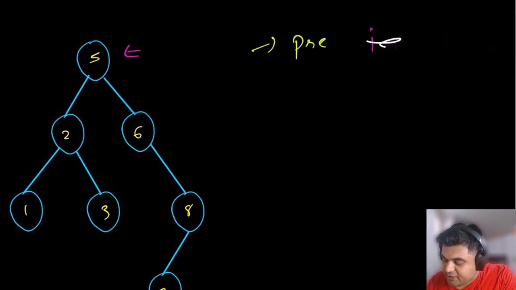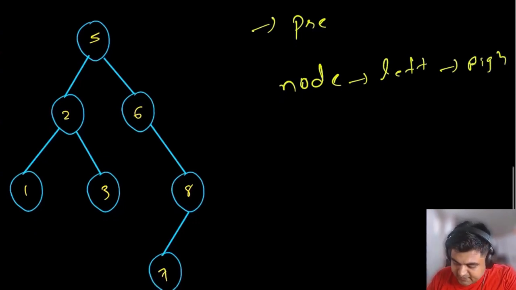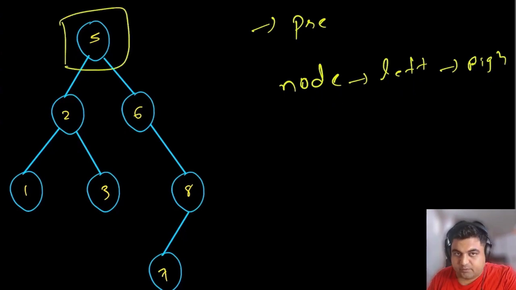So first let's see pre-order traversal in action. In pre-order traversal, the flow is going to look like this: first we visit the node, then we visit its left subtree, and then we visit its right subtree. So we start from the root node, because that's a given.